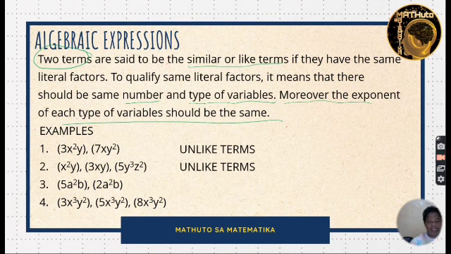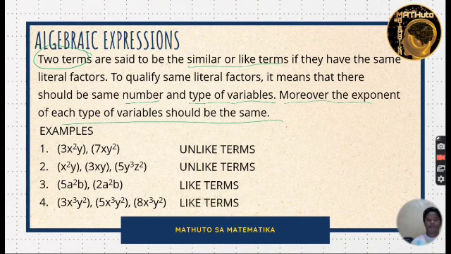For number 2, they are also unlike terms since x squared y, xy, y cubed, z squared. For the other two terms, there is no variable z. For number 3, they are considered like terms since the exponent of a is 2 and the other is 2 also, and we have b, the same as the other variable in the other terms po.